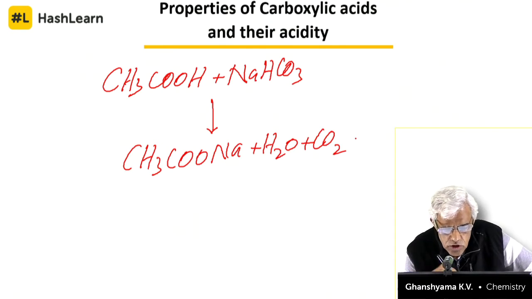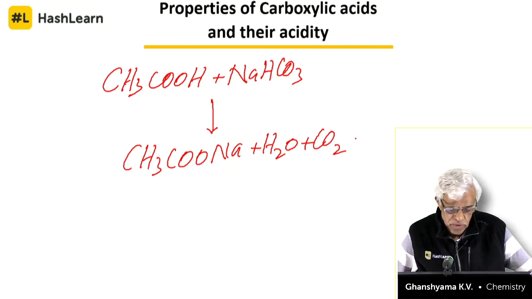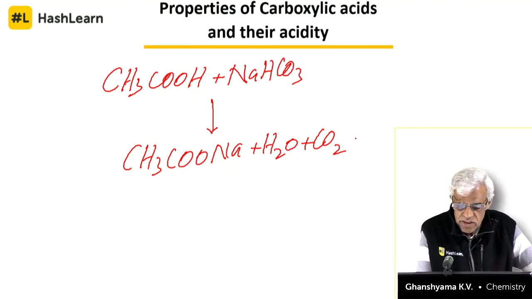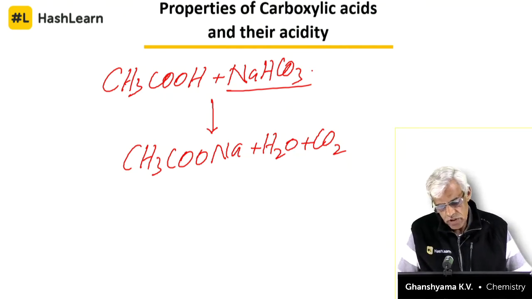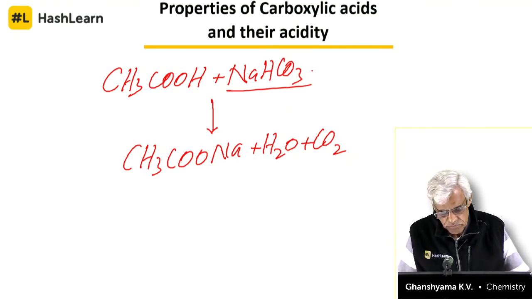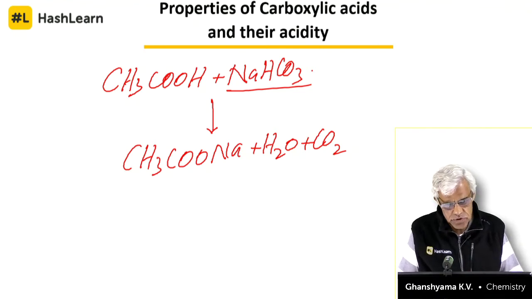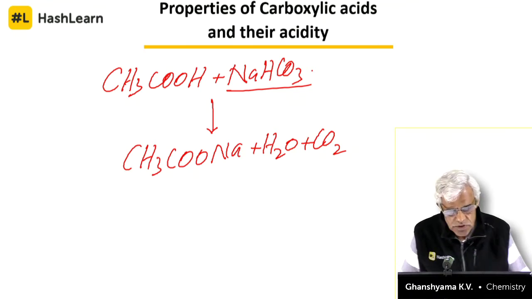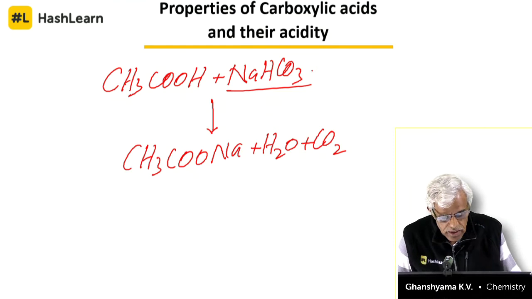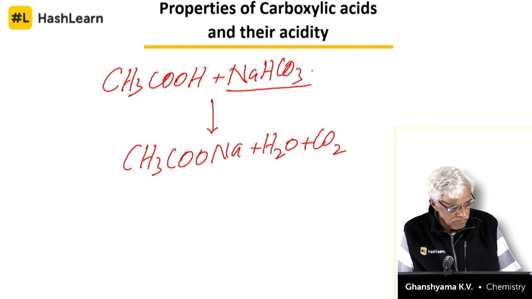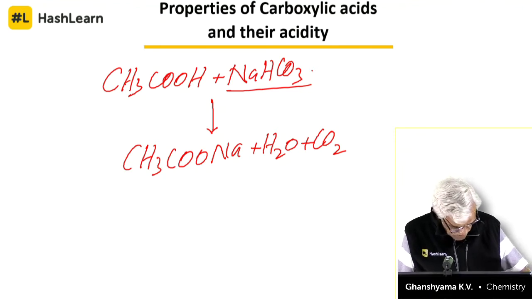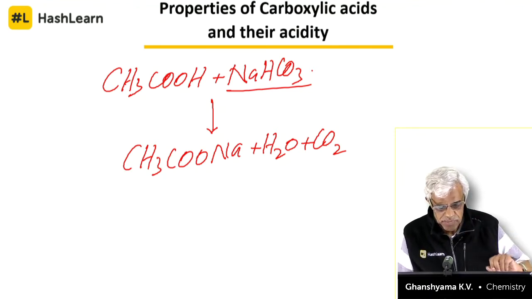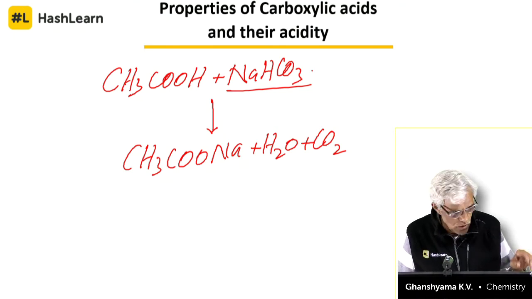Yes, Akshay, good evening, very, very good evening. So, it can be tested by using sodium bicarbonate or sodium hydrogen carbonate. You can see the effervescence. You can test carbon dioxide by passing it through lime water. The lime water turns milky. So, you can test that also.